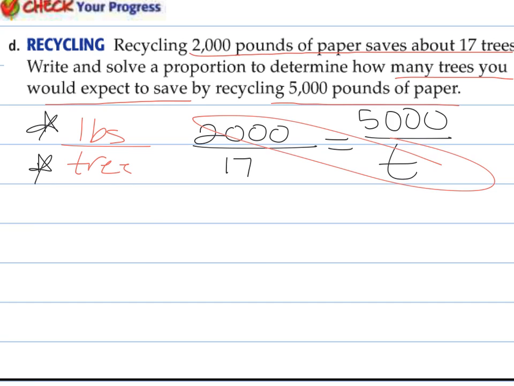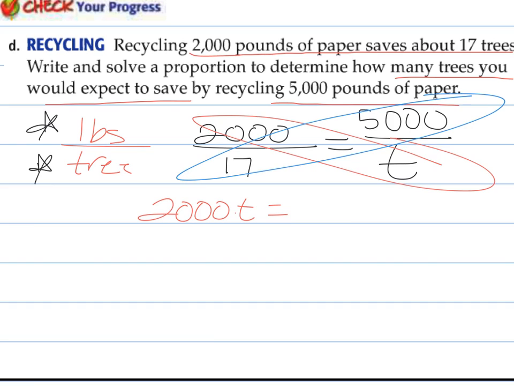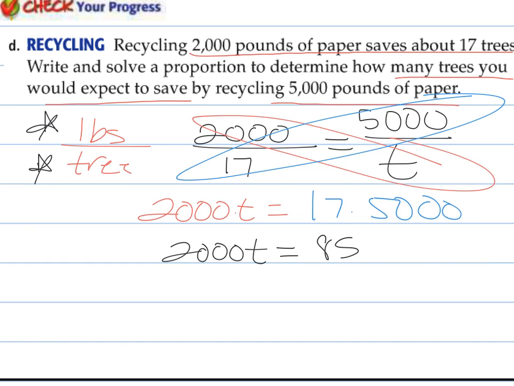Cross products. 2,000 times T equals 17 times 5,000. So I get 2,000 T is equal to 85,000. Oopsie. Ignore that extra zero.